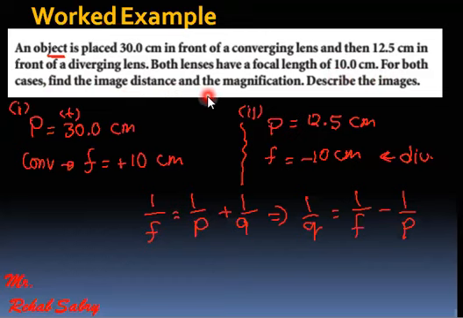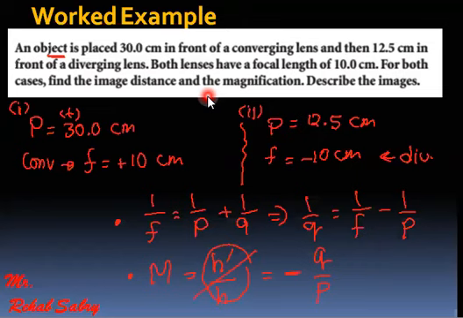And the magnification: we will use the formula M equals H dash divided by H, but we don't have H dash nor H here, so it's not used. So we will use negative Q divided by P, okay?